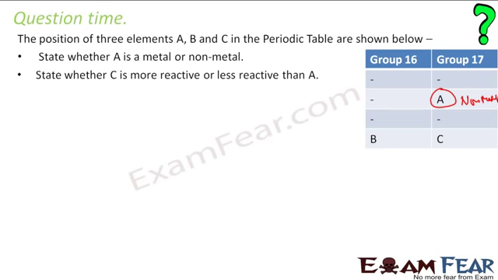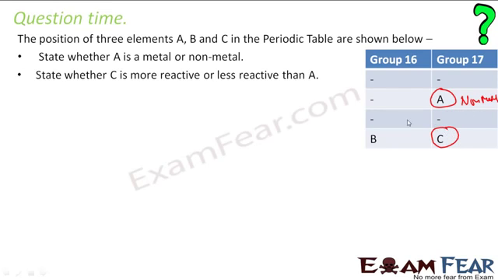Second, is C more reactive or less reactive than A? So if you see C and B, C and A, if you have to compare, right? C is bigger than A and they are non-metals. So as told, the non-metallic character decreases, right?